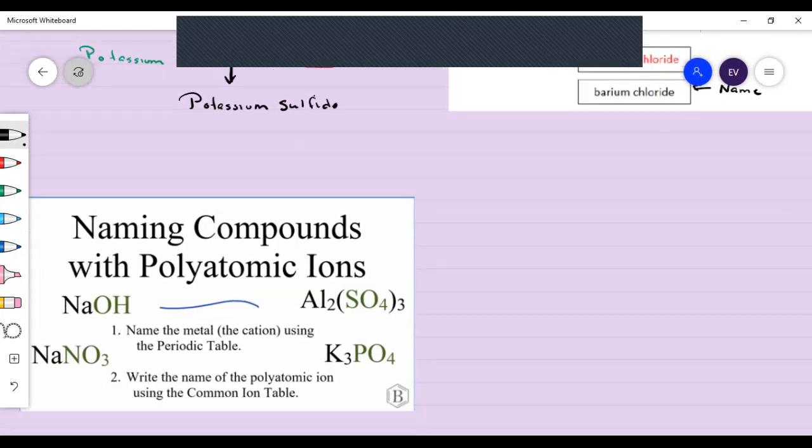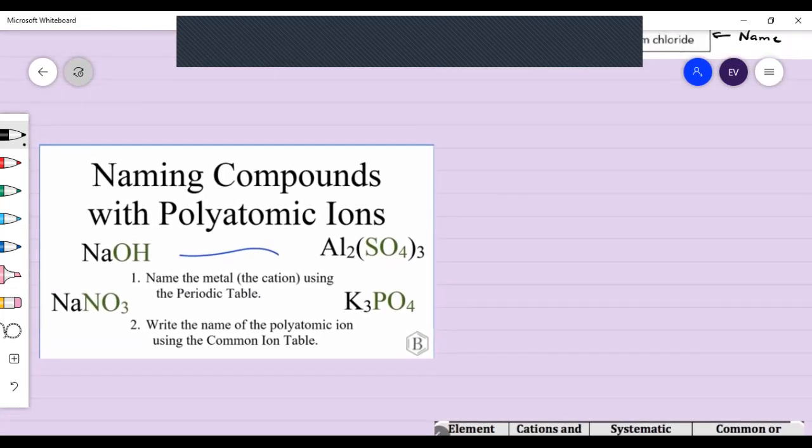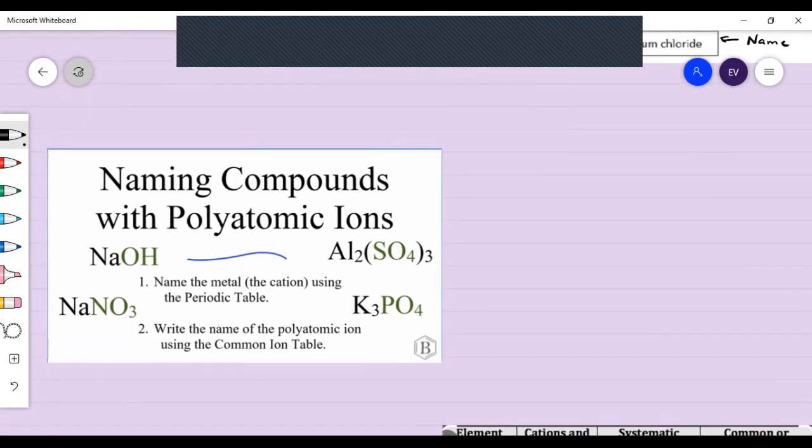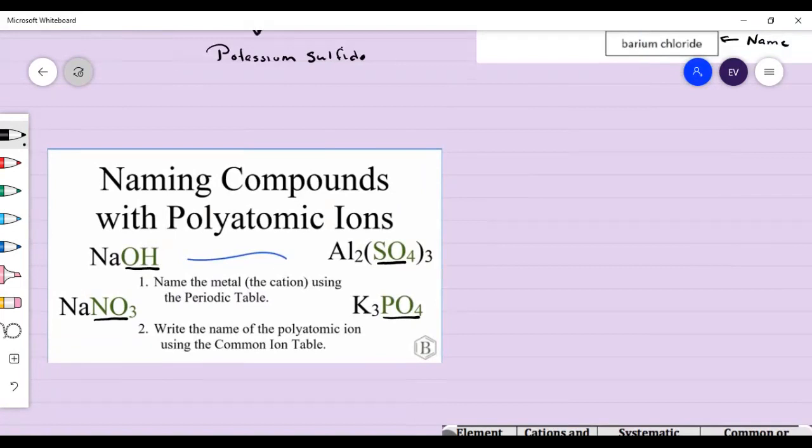Here's where it gets a little bit trickier, but at the same time, a little bit easier. These ones that I'm going to underline, if you're my pre-AP students, you should already know that these are polyatomic ions. For my general chemistry classes, these are ions formed with two or more non-metals.